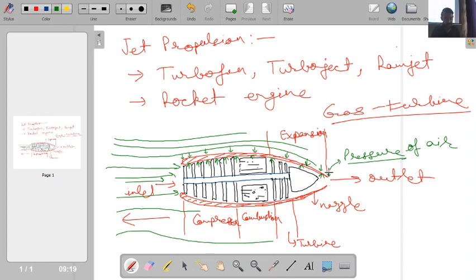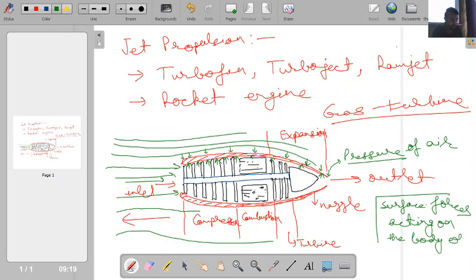So if we have a gas turbine engine, or an aircraft engine, propulsion is created because of the surface forces acting on the body of the engine.